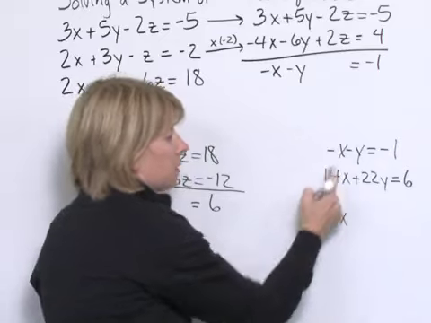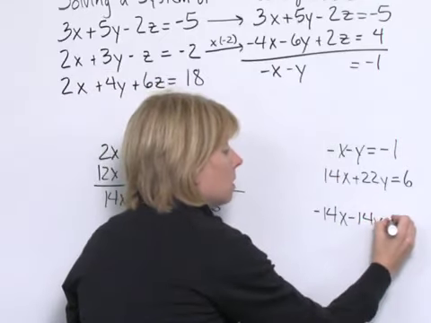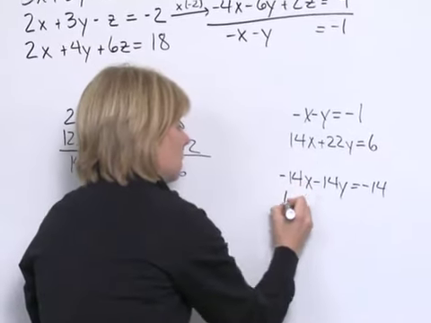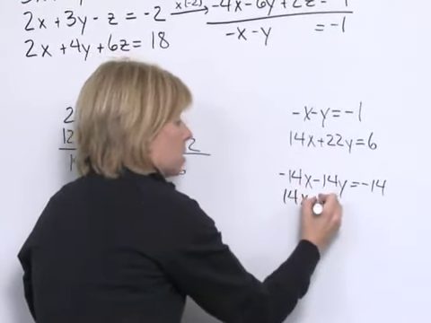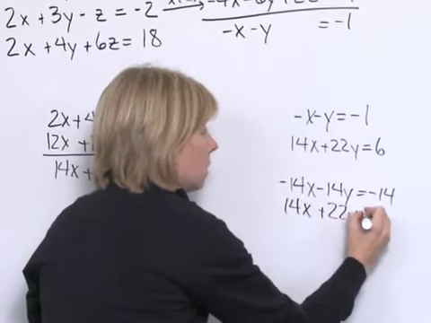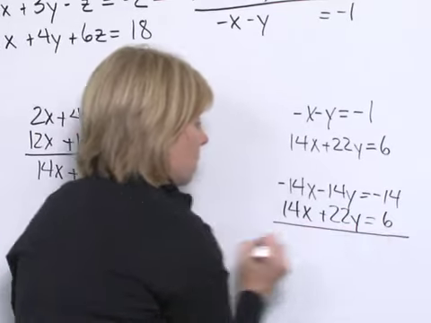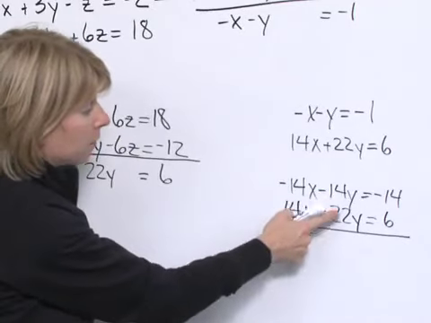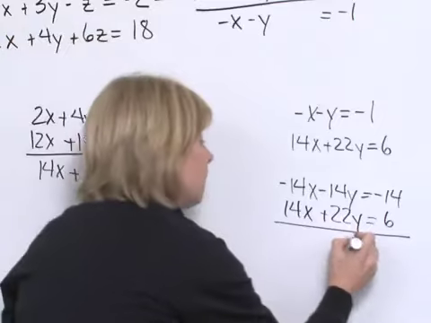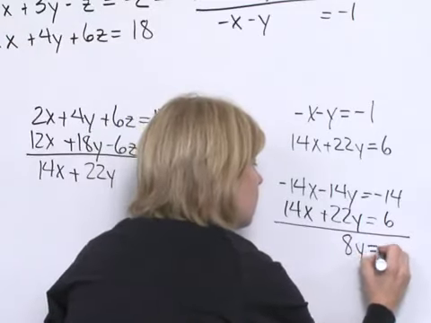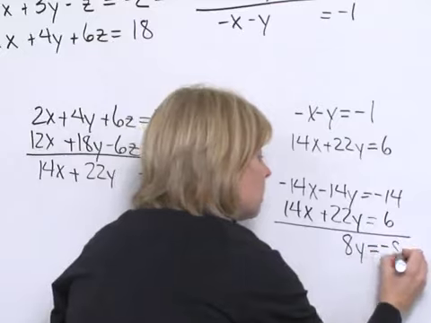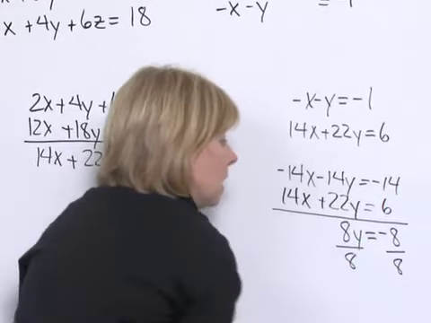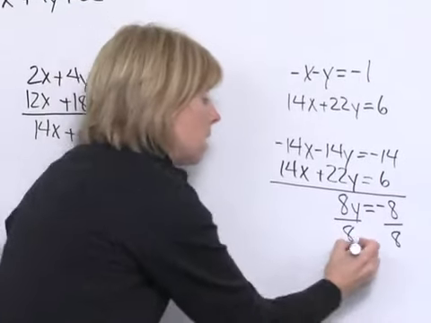I'll get -14x minus 14y is -14. And I'm just going to rewrite this equation right below. And then adding together, our x terms drop out. -14y plus 22y is 8y equals -8. And now we can solve for y and find that y is -1.